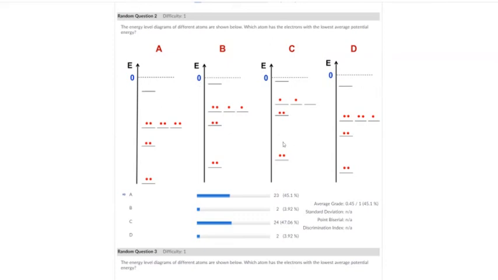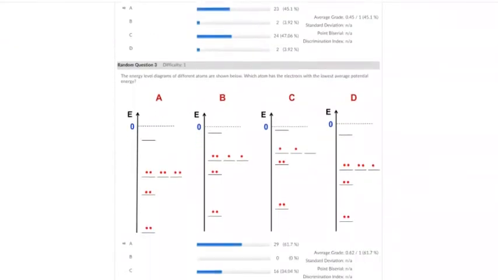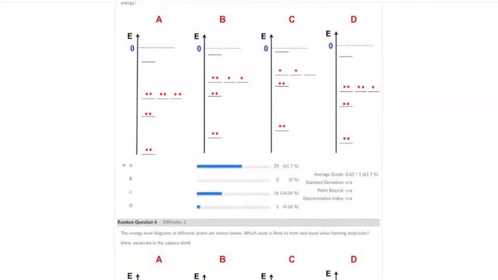If you look at these electrons, you have the lowest potential energies in atom A, because they seem to be closer to the nucleus. As a result, atom A will have the lowest average potential energy.